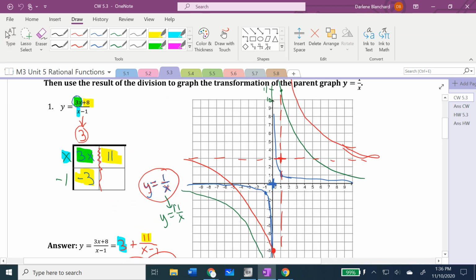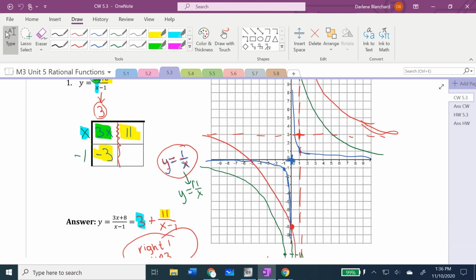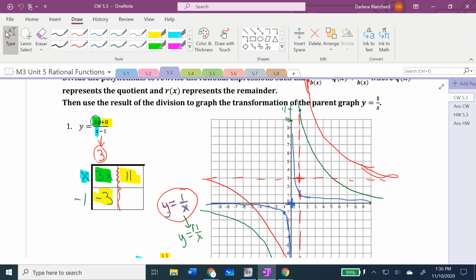For these first two classwork problems, we did long division, and then we took our parent graph and stretched and moved it. But now that you have more tools, I want you to be able to look at this and go, hey, that has a horizontal asymptote of 3, a vertical asymptote of 1.